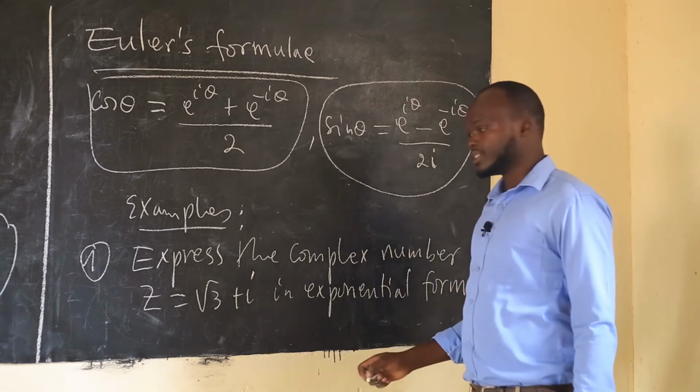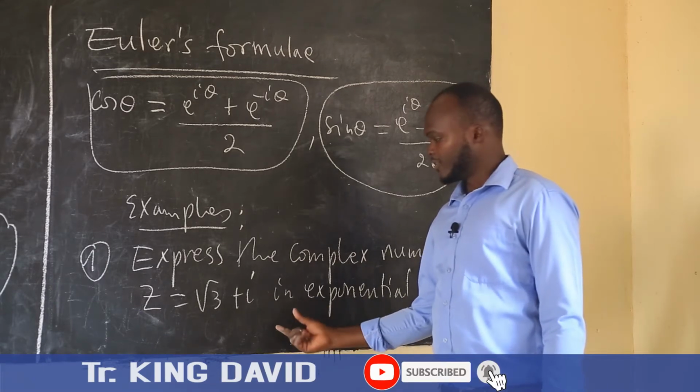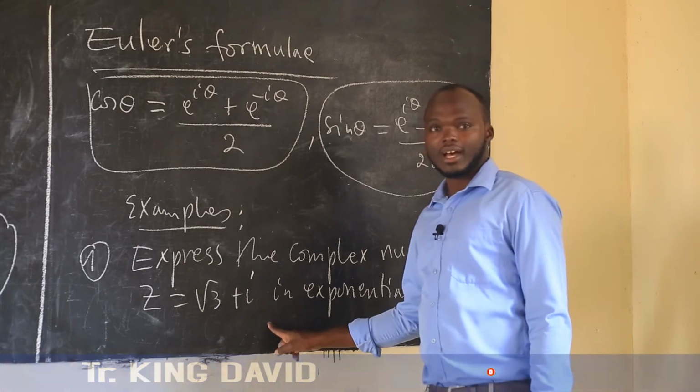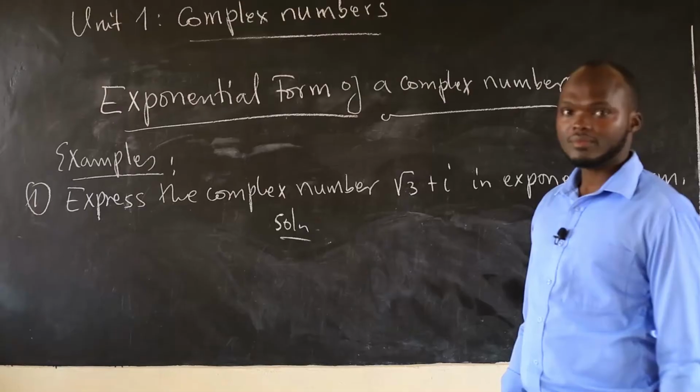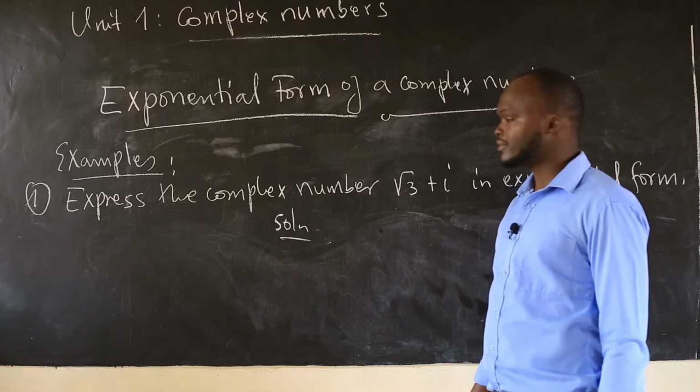Is there anyone who can try this? As you're trying this number, after that I'm going to do number 2. You first try this one, I see how you can do it. Then after doing this number, let us do the equation together.